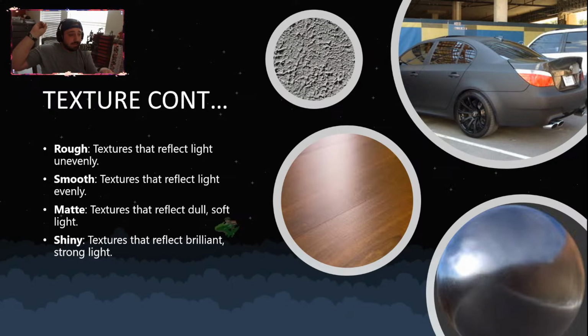It's being absorbed into the wrap, dulling that light. Then you've got something like this piece of chrome, which is very shiny. When we're talking about shiny, we're talking about textures that reflect brilliant, strong light. It doesn't always have to be metal; it could be other surfaces as well. So we've got rough, smooth, matte, and shiny.